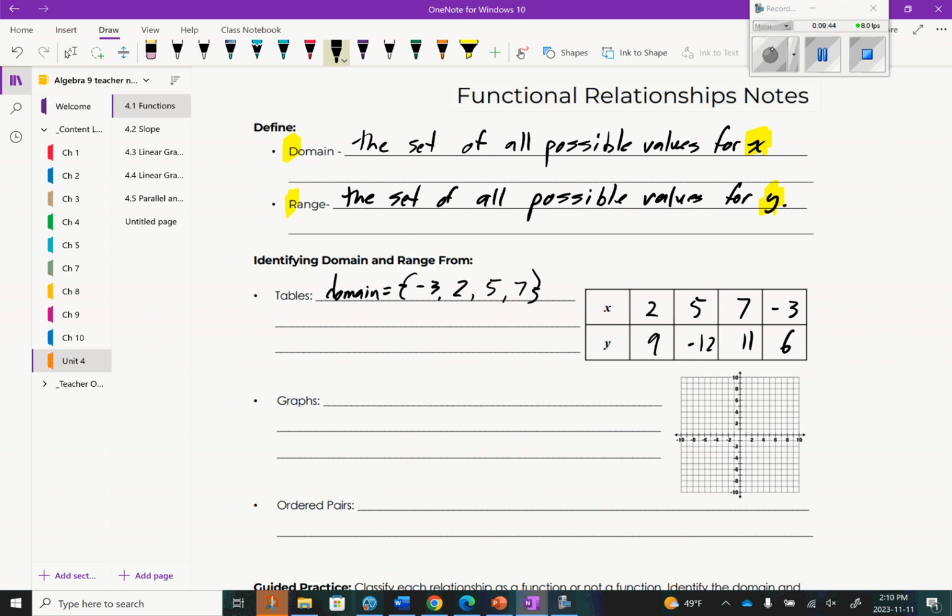So our domain in this case are just the numbers -3, 2, 5, and 7. For the range, we don't have to worry about keeping them in order. It's just the set of all possible values for y. So in this case, the smallest value is -12, then 6, then 9, then 11.